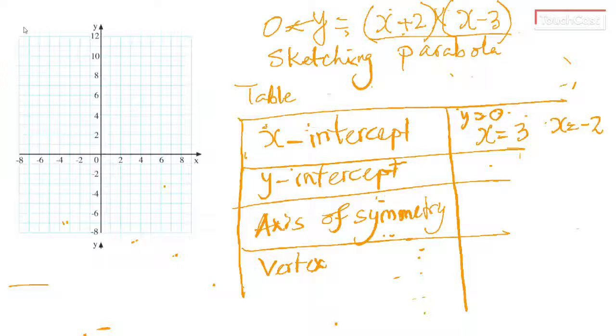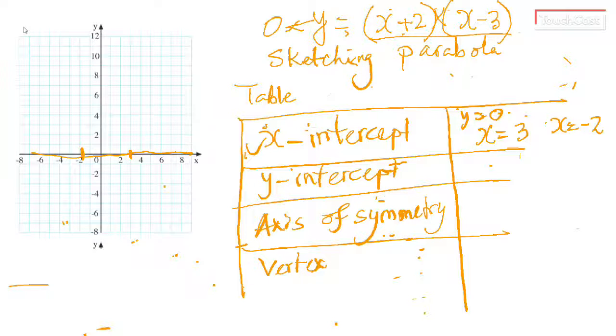You have to understand we are still talking about the horizontal intercept, which is positive 3 at that point, and negative 2 at the point over there. Now we are fairly okay with 2 points, and they are sitting on the horizontal axis, and that is the reason we call it x-intercept.